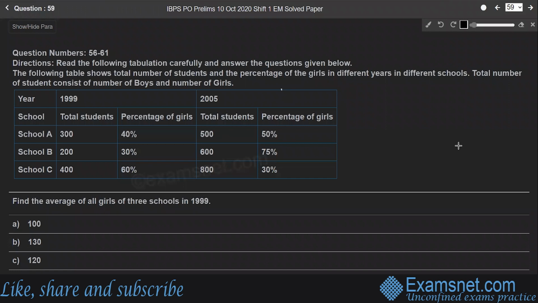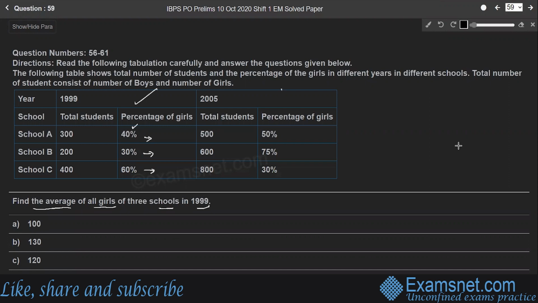Question 59. Based on the same information, here the question is, find the average of all girls of 3 schools in 1999. So only in the year 1999, average of all girls. So find the number of girls in school A, B and C separately. So in school A, out of 100, 40 is the number of girls.